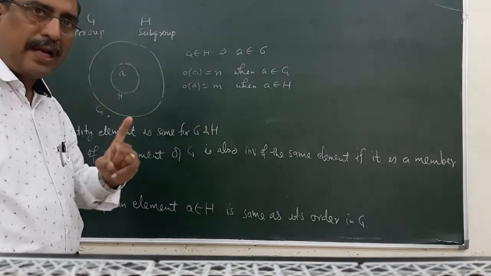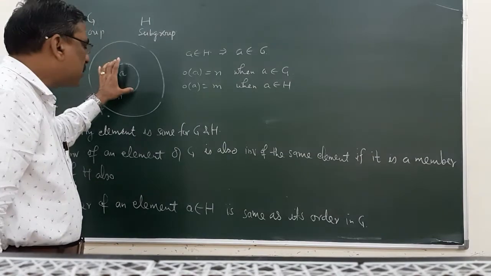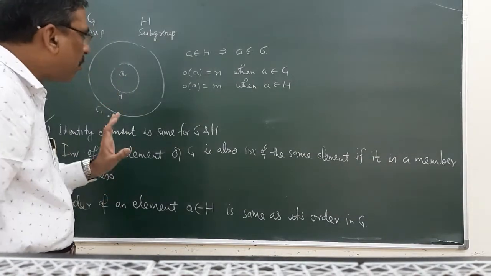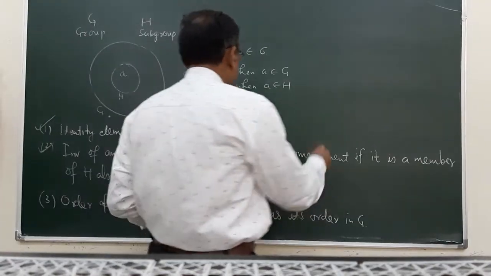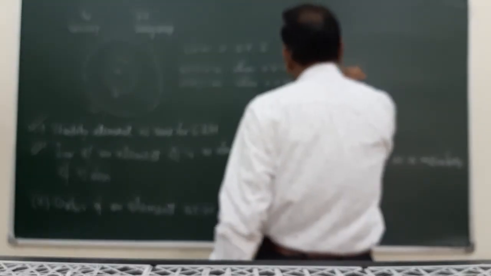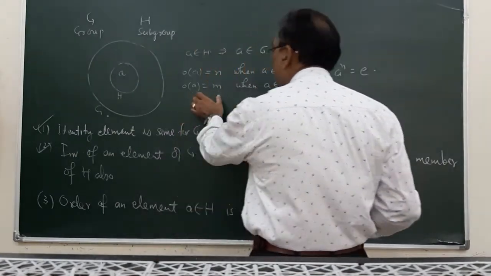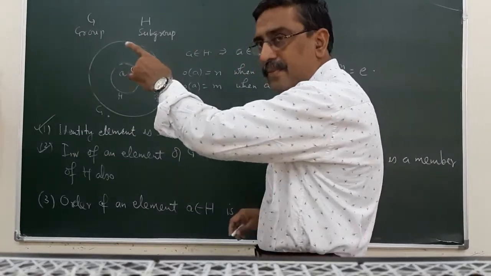Now this implies A raised to the power N is equal to identity, and again the identity is the same.